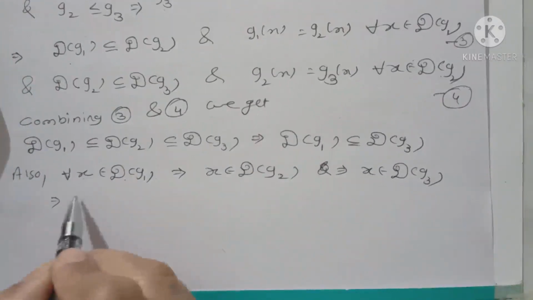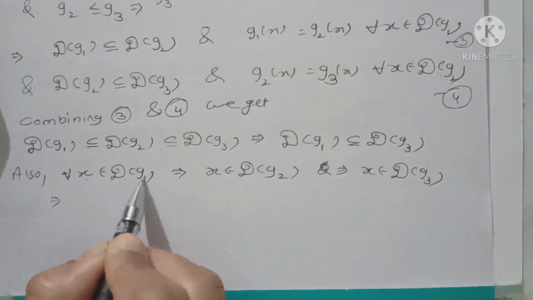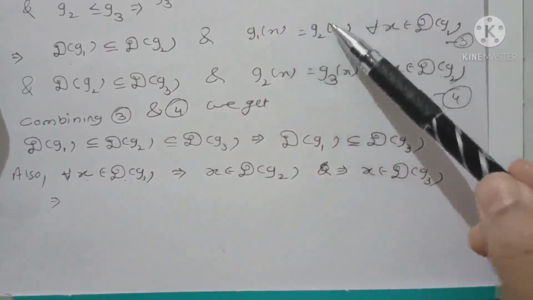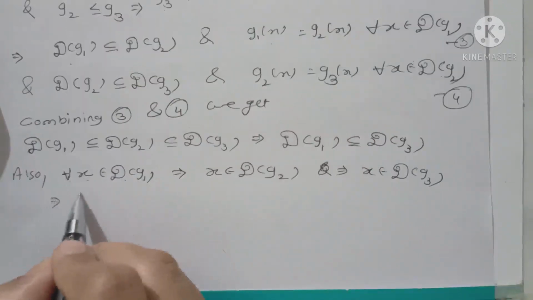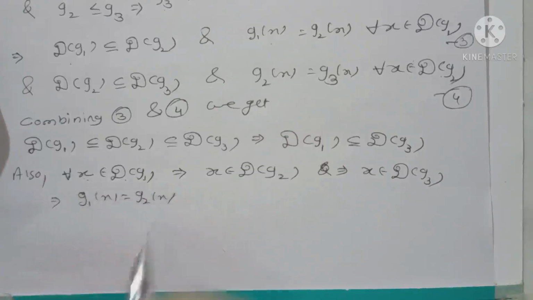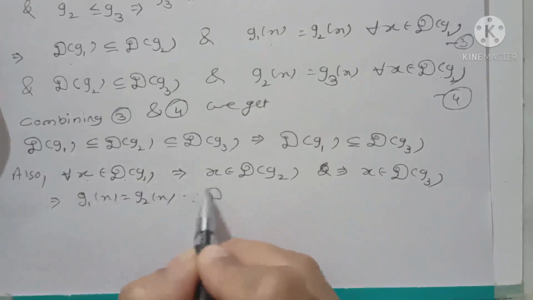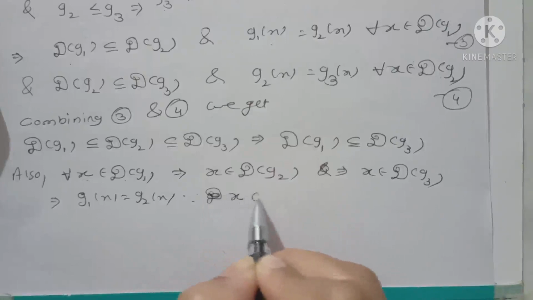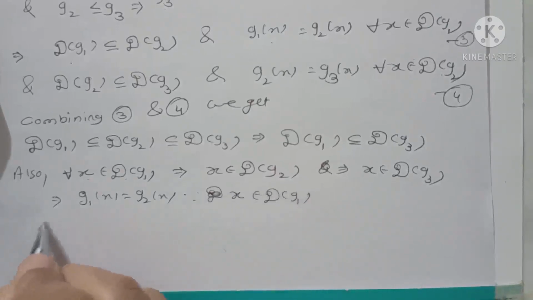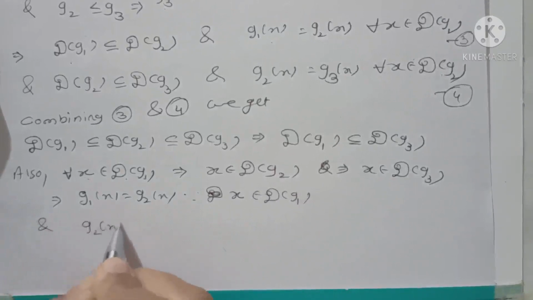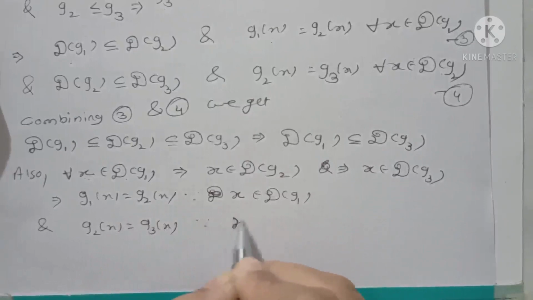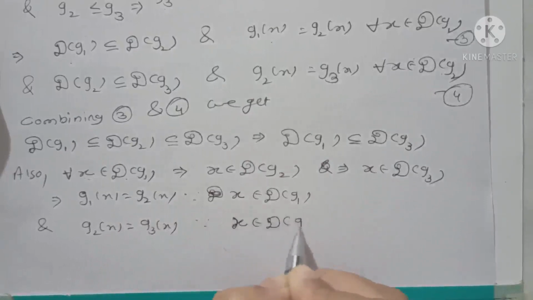Then in this case, since x belongs to the domain of g1, g1(x) equals g2(x). Also g2(x) equals g3(x), since x belongs to the domain of g2.